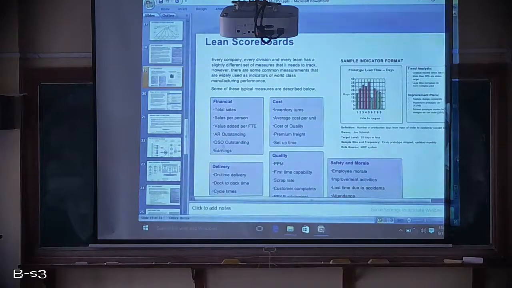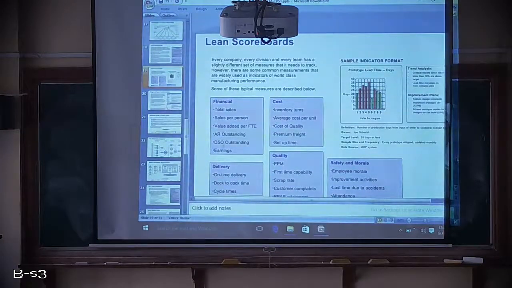Just go through this PPT to see which are the typical measures. For example, financial measures: total sales, sales per person, value added, and earnings. Next, cost: inventory turnover, average cost per unit, cost of quality, premium freight, setup time.